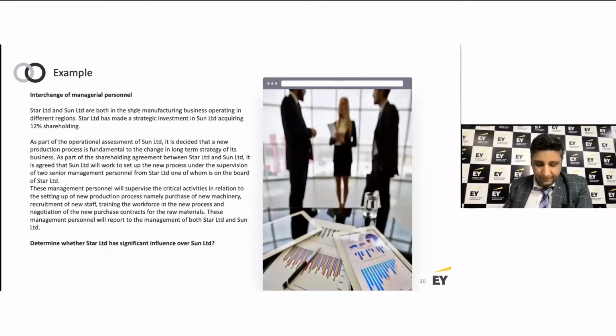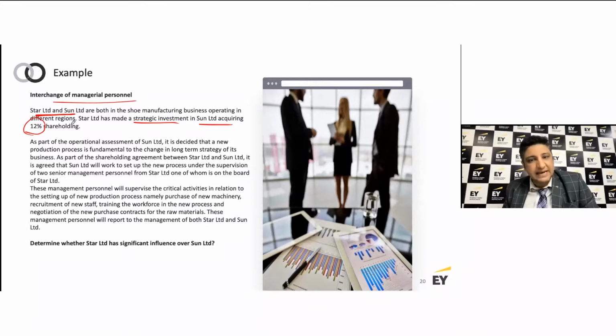A lot of information. It talks about interchange of managerial personnel. Star Limited and Sun Limited are both in the shoe manufacturing business, operating in different regions. Star Limited has made a strategic investment in Sun Limited with a 12% shareholding. As a part of operational assessment of Sun Limited, it is decided that a new production process is fundamental to the change in long-term strategy of its business.